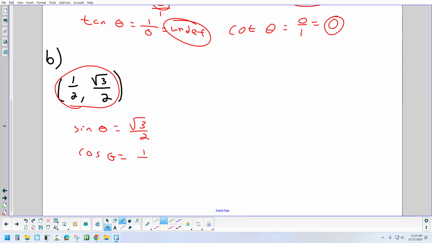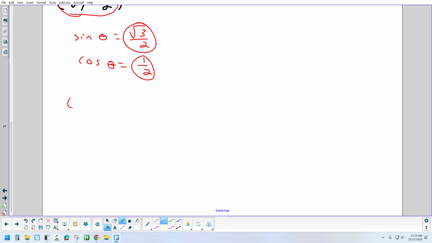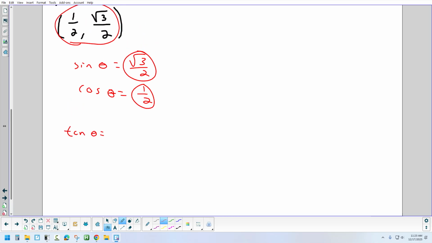Cosine is 1/2. And what's the formula for tangent? Y over x. What's y in this case? Square root of 3 over 2. And Luke, what about x? X is 1/2.